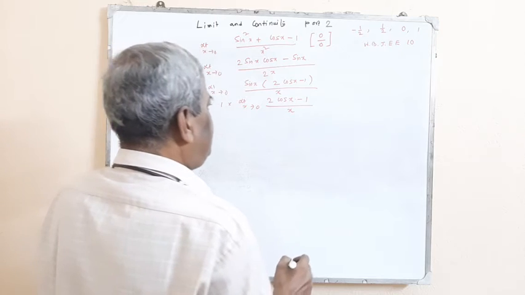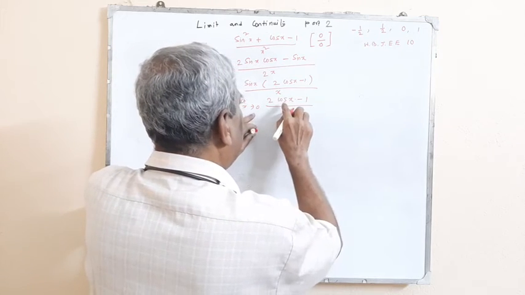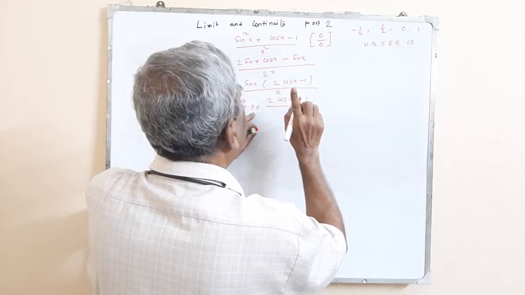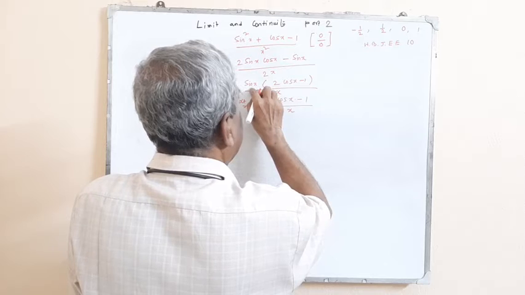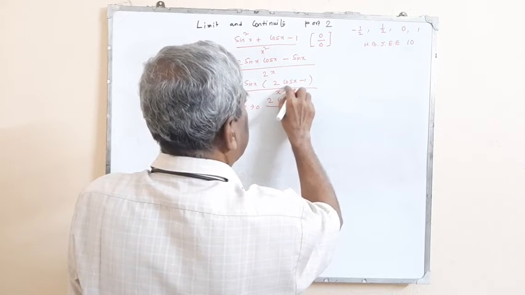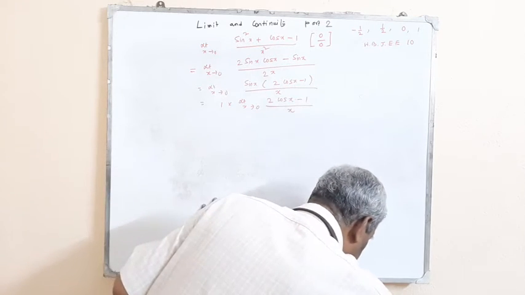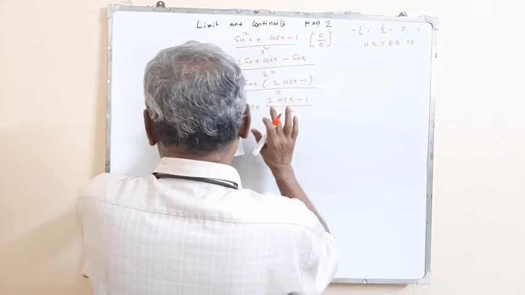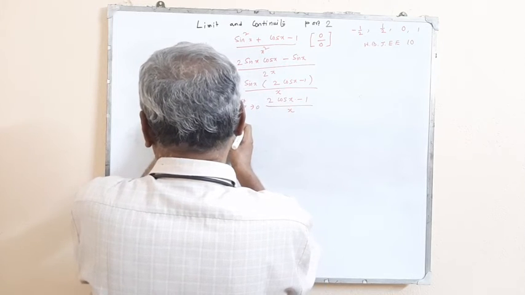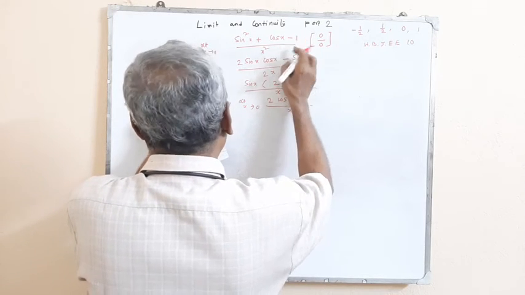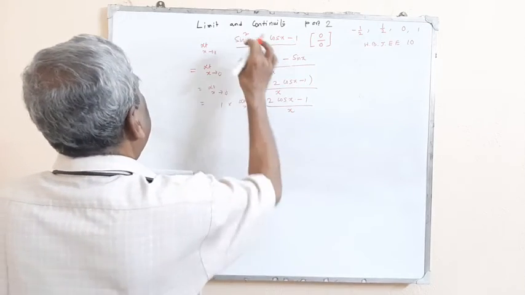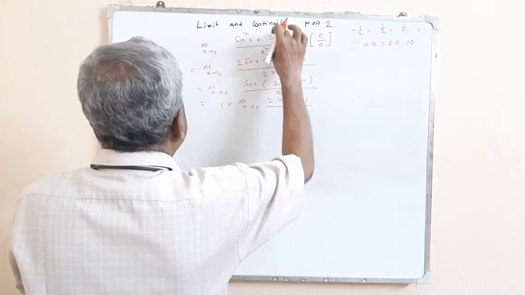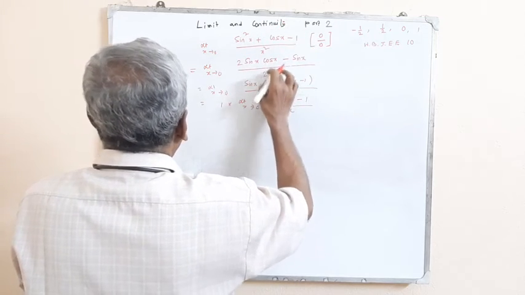Okay, sin x taking common, 2 cos x minus 1. Just 1 minute, I'm just looking over the problem. Cos x minus 1 by x square. So its derivative is 2 sin x cos x, and the derivative of cos x minus 1 is minus sin x, by 2x.